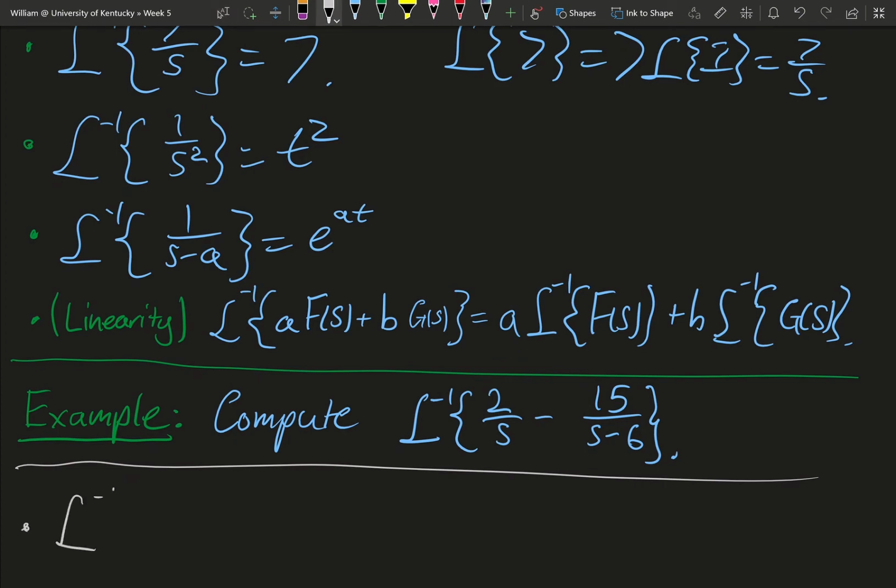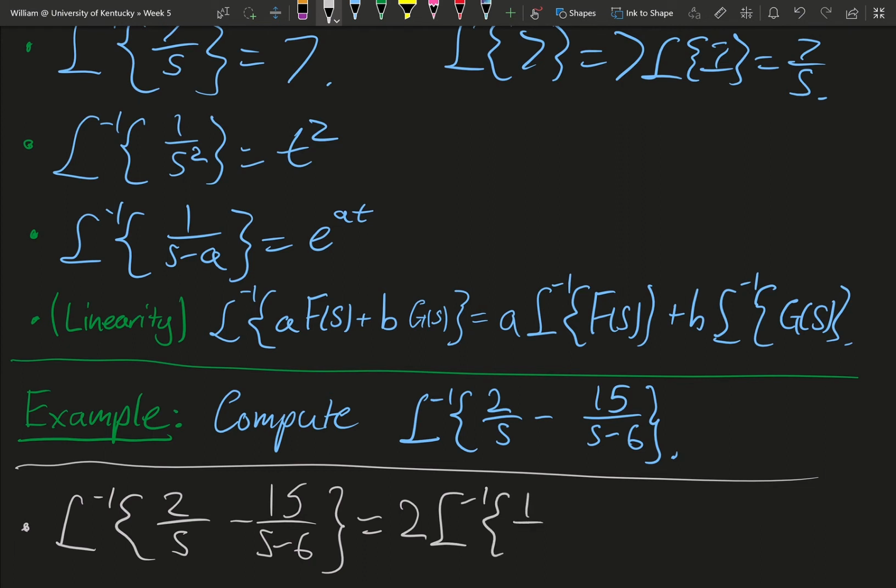Though I should note, if you Google inverse Laplace transform, like on Wikipedia, it does have a very complicated integral. Evaluating that integral is pretty far beyond the scope of this class, and it does exist, but it's not really used in practice. So we're just going to totally ignore it.